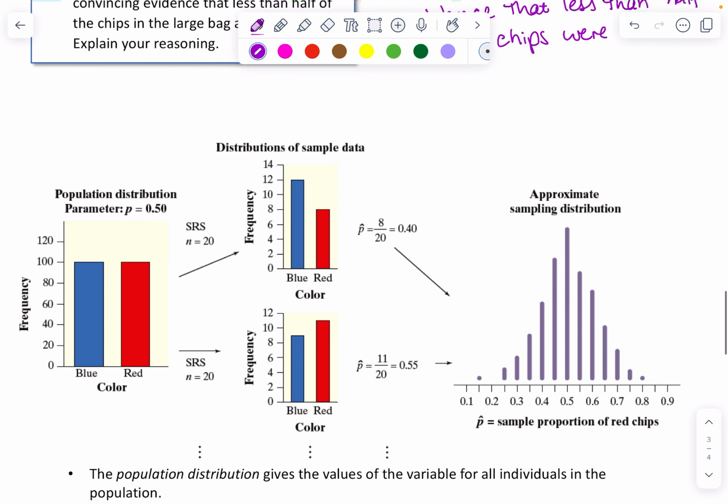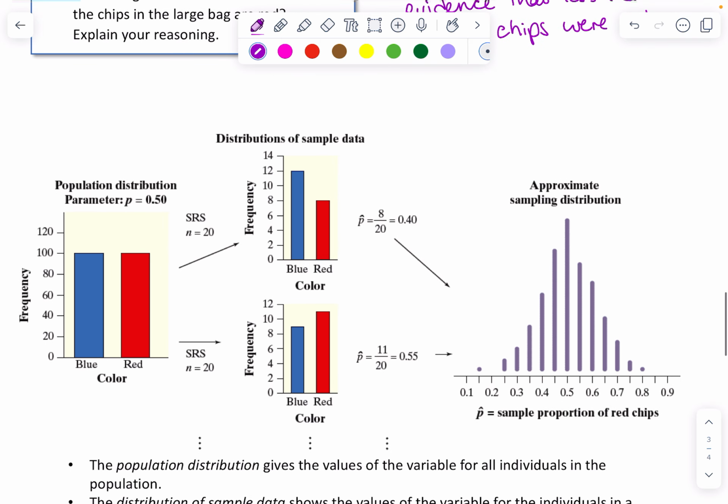All right, so one more time, this is the idea that's going on. This is from the population, right? Mrs. Lin said it was 50-50. So we get one sample, we get our p hat, our sample proportion, and that dot goes here. We get a different sample, we get its p hat, and that dot goes right here.